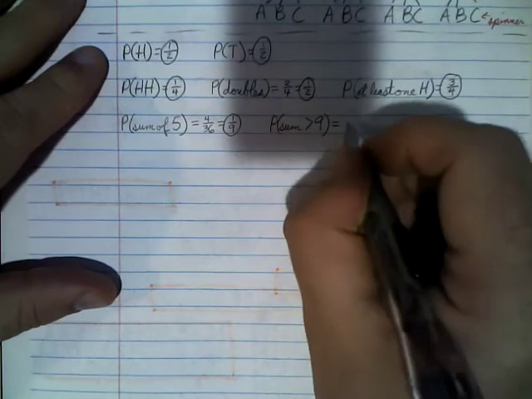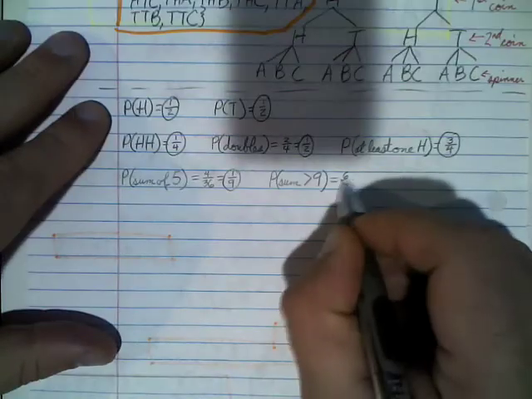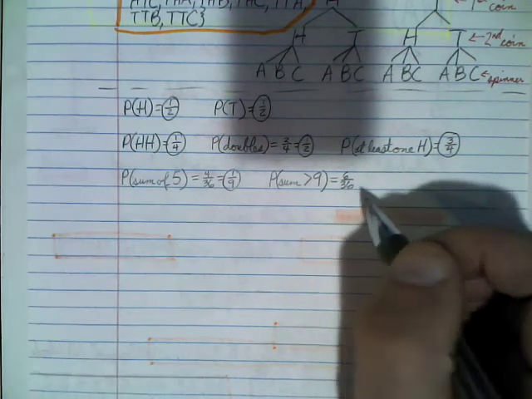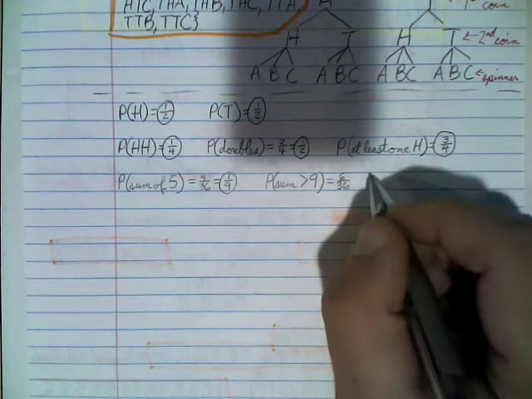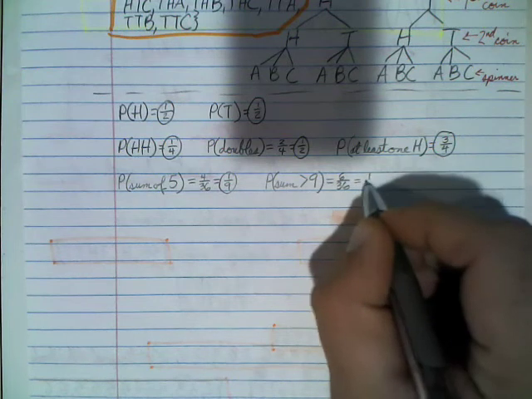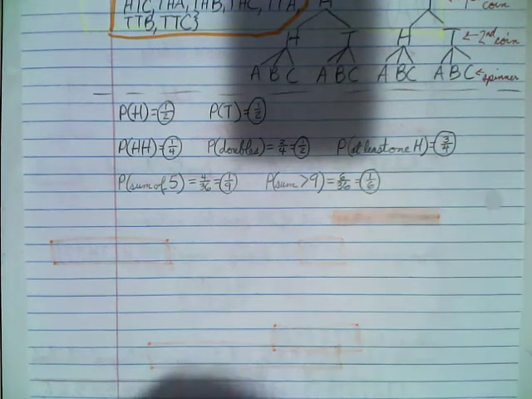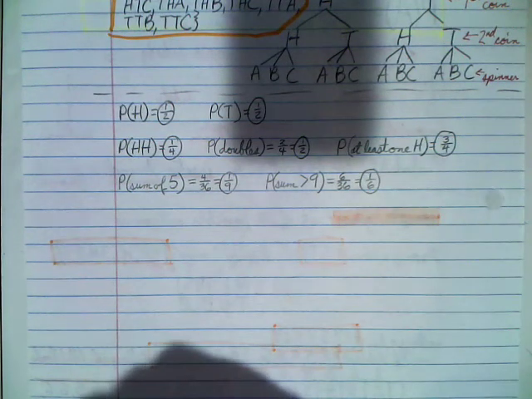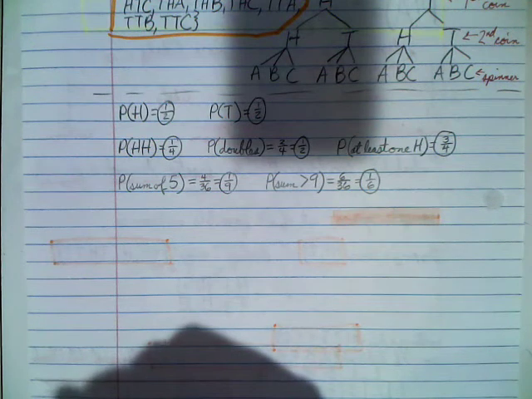So we have 6 that are favorable out of the 36 that are possible, and of course that reduces down to 1/6. So 1/6 of the time approximately we should get a sum greater than 9.